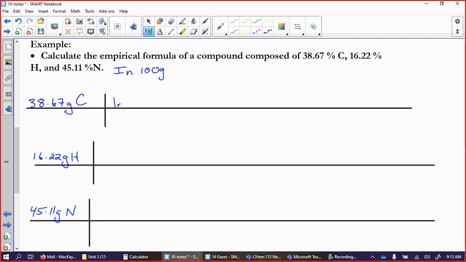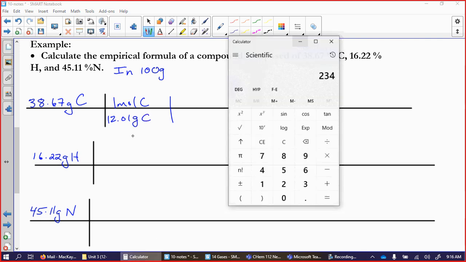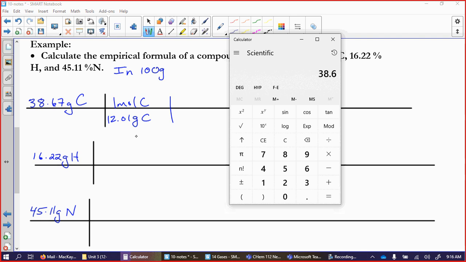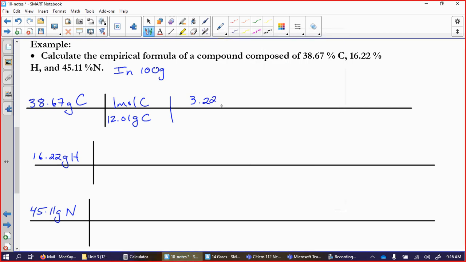We want to find it in moles. I can do that calculation. So we would have 3.22 moles of carbon.